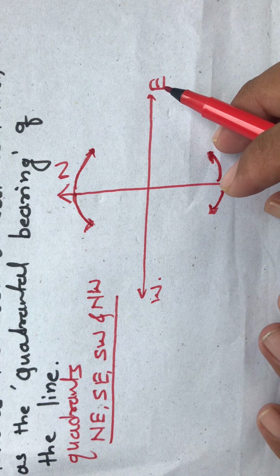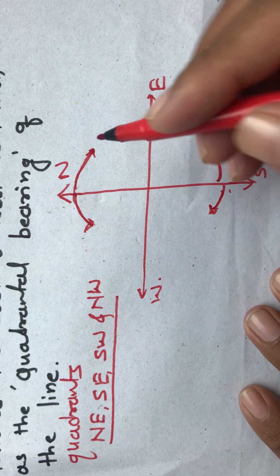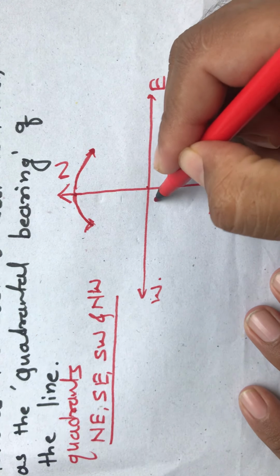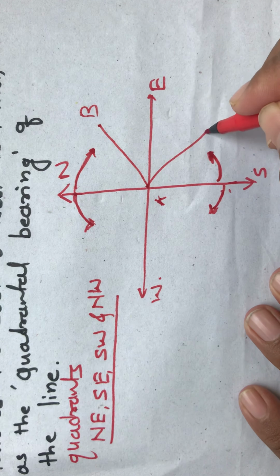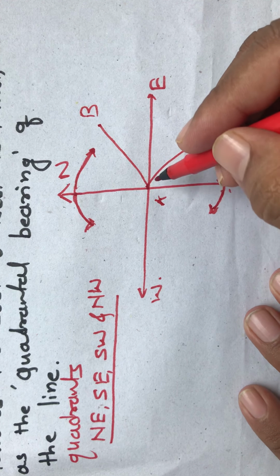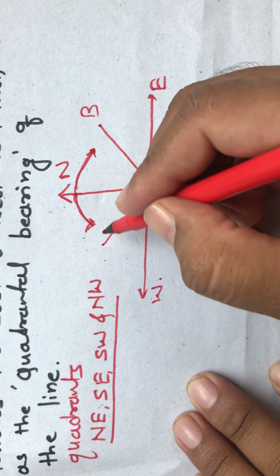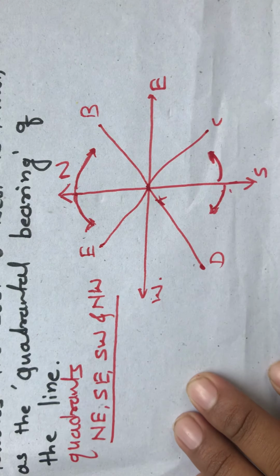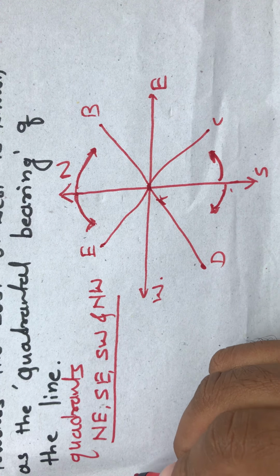So how will we see it? Same lines we will take. Suppose this is A, we have B, C, D, E. Correct?